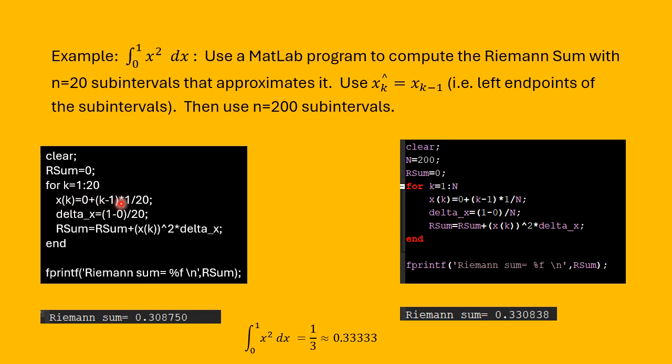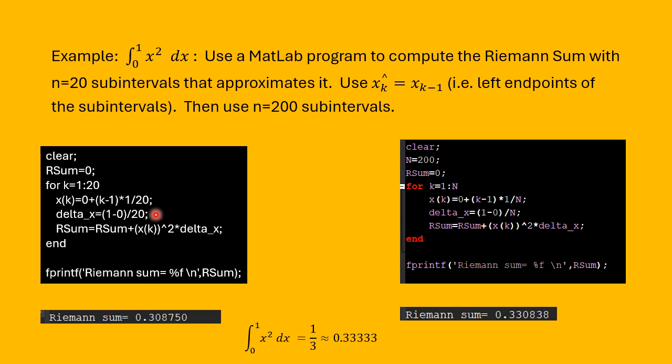So these x sub k's are going to be the partition of the interval 0 to 1. Delta x in this case is just going to be 1/20th. We're dividing the interval from 0 to 1 into 20 equal length subintervals.